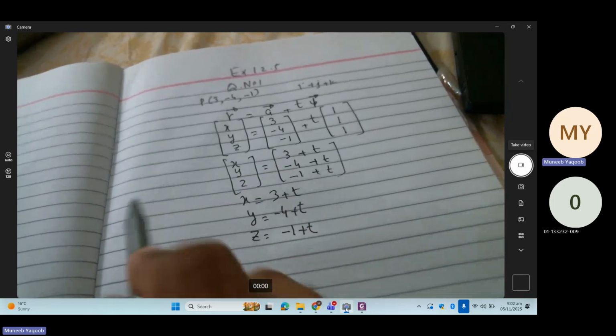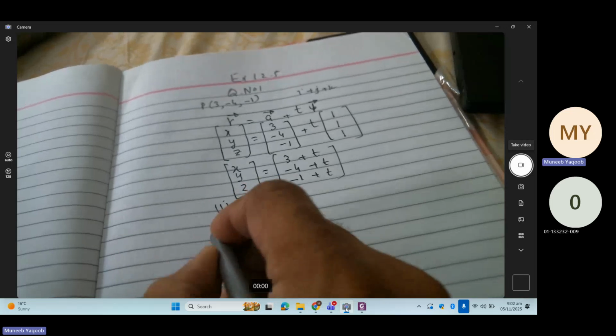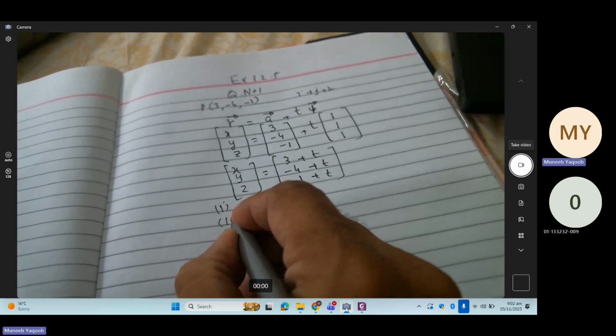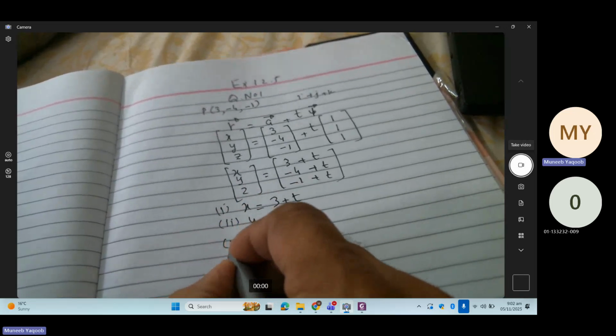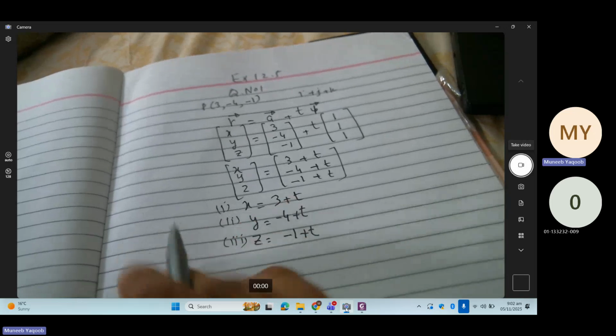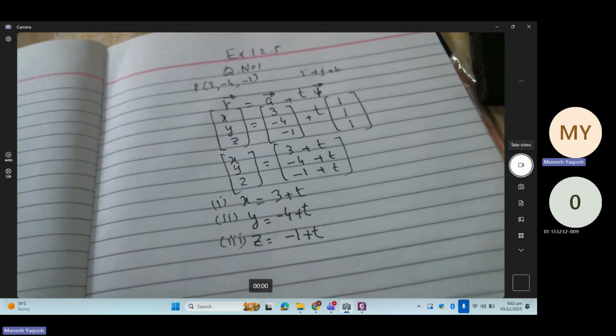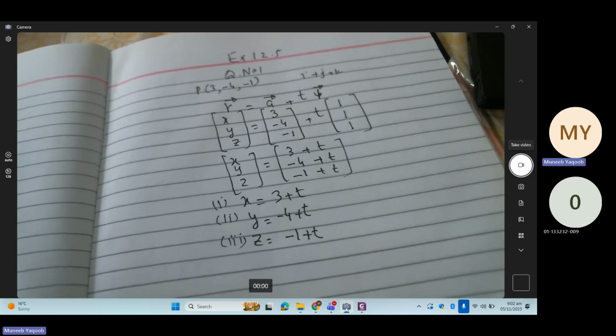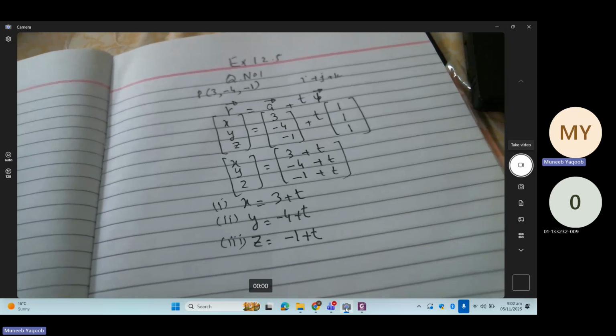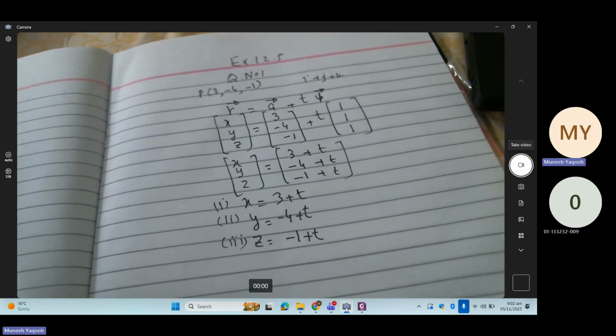Now, this is the first parametric equation. This is the second parametric equation, and this is basically the third parametric equation. So how can we find the parametric equation? Simply by comparing x to x, y to y, and z to z.